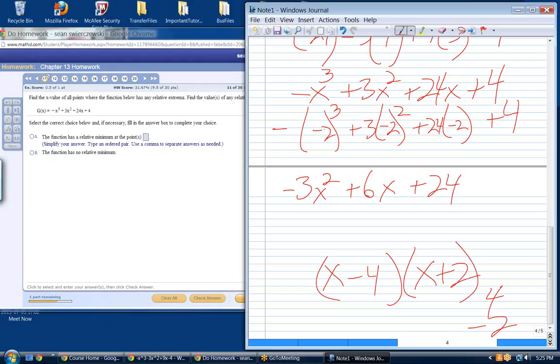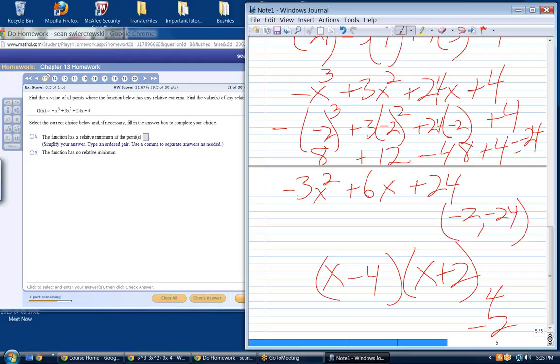Minus 2 cubed is minus 8, so that makes plus 8. Plus 12 minus 48 plus 4 equals minus 24. So our point is at minus 2 comma minus 24. That's our minimum. Okay.